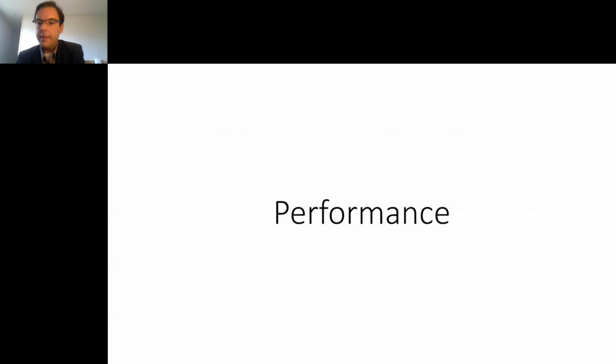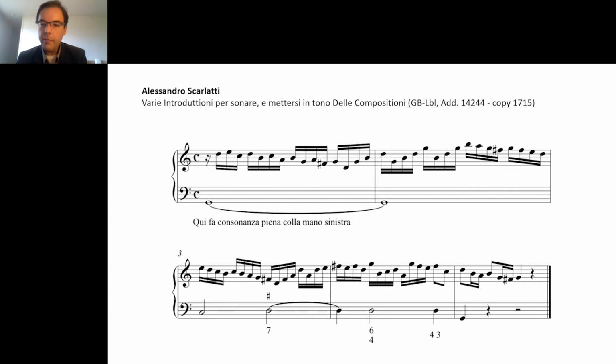Coming back to Scarlatti, we have two pieces of evidence on how to possibly realize these figures. In the first example, Scarlatti uses figures for the left hand and writes on the first note, "qui fa consonanza piena con la mano sinistra." Here one plays the full consonances with the left hand.